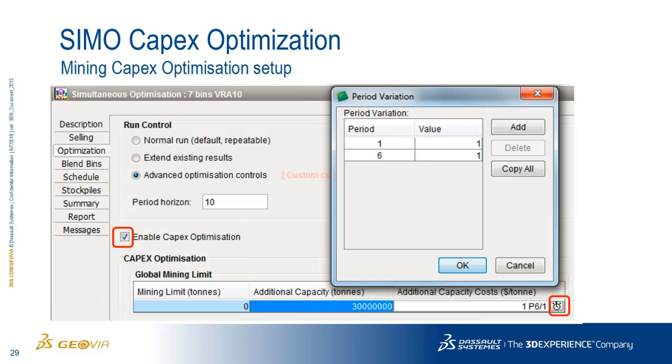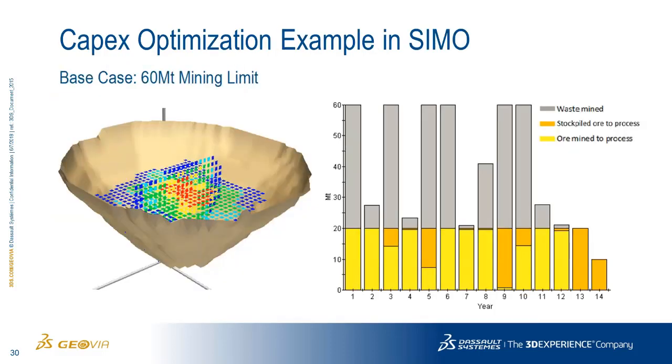and then I'll adjust that based on what's practical, okay? So here's a simple example where we set up a 60 million ton base case situation where we run the schedule with the Capex required to meet that 60 million tons, and we achieve a certain NPV. The question is, why 60? Would 40 be better? Would 80 be better?